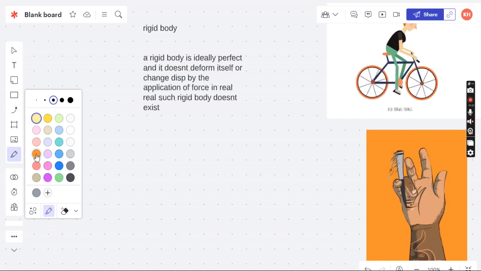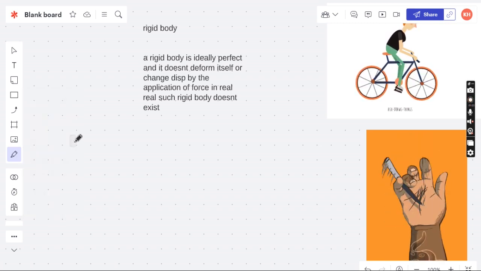Let's take a marker for explaining it. For a while, consider that this is a rigid body, something like this, and another rigid body, something like this.